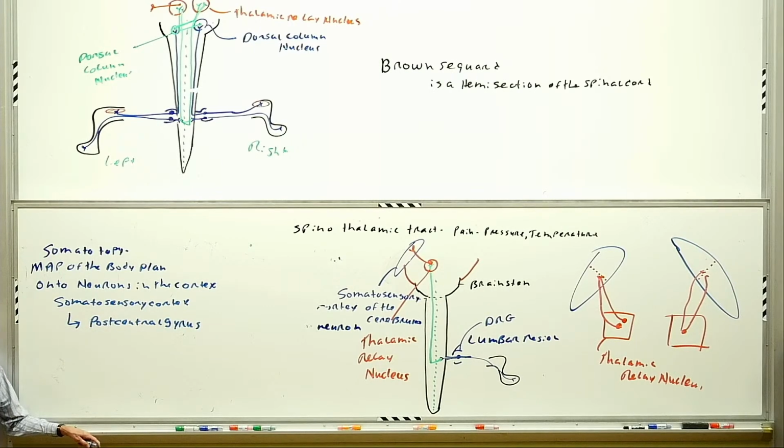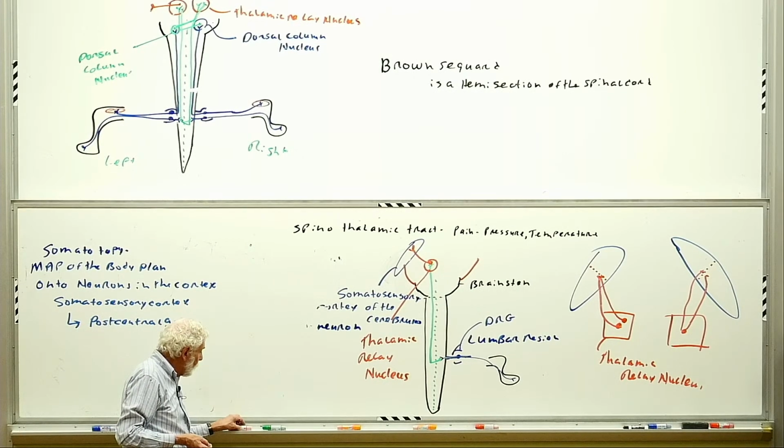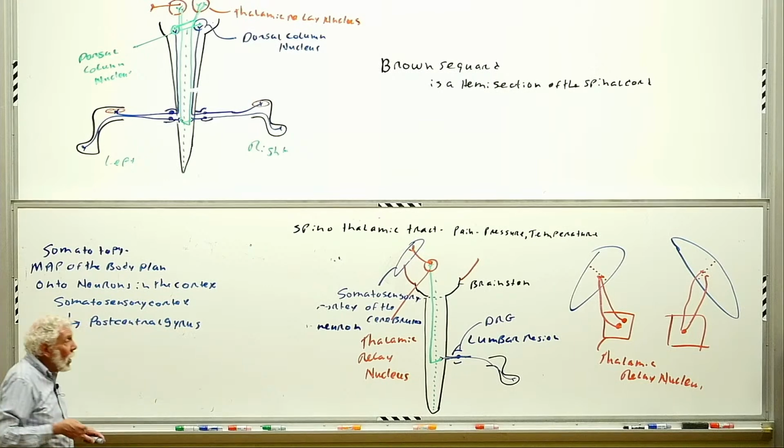This was worked out in animals fairly long ago, but it wasn't worked out in humans until the late 1940s, early 1950s. The way it was worked out was by a surgeon, Wilder Penfield, who was world-renowned as one of the best brain surgeons ever.